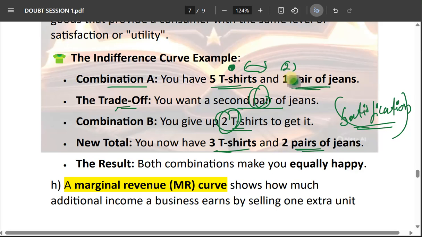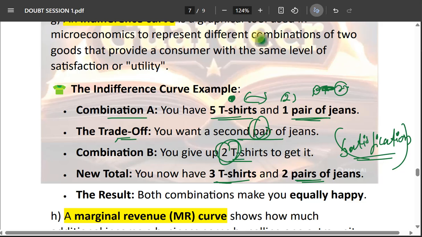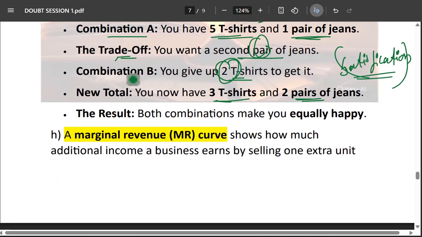For example, if you had zero t-shirts but two pairs of jeans, there would be no satisfaction, so that kind of thing is not what we mean. The combination is different here, 5 and 1, 3 and 2, but the satisfaction or utility is the same. Both combinations will make you equally happy. Fine, simple, that's it.